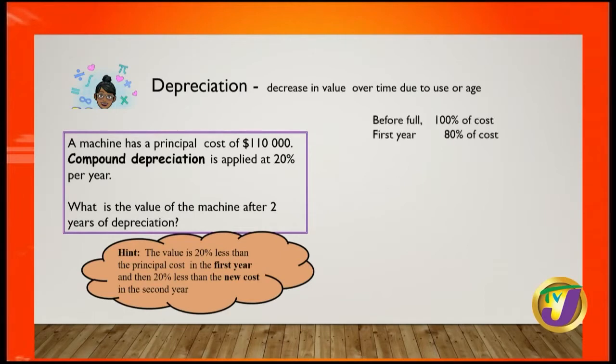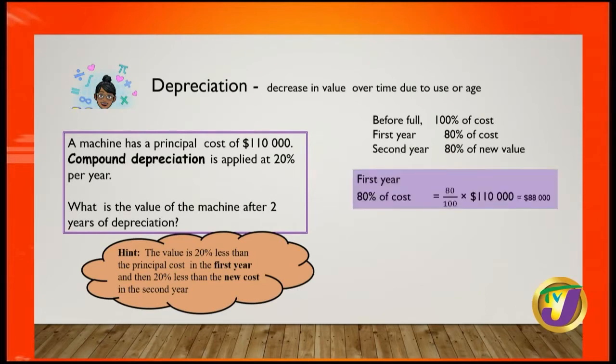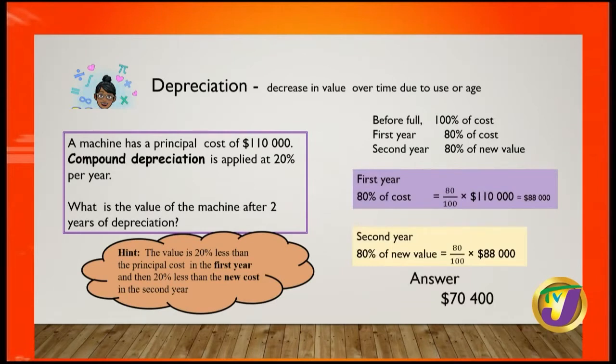Okay? 80% of full cost. So that's what I did on the board just now. 80% would give me $88,000, and then I repeat to get $70,400. Let us go back and look at the simple depreciation. So this is compound depreciation. Compound means that you take off the cost and come up with the new cost.